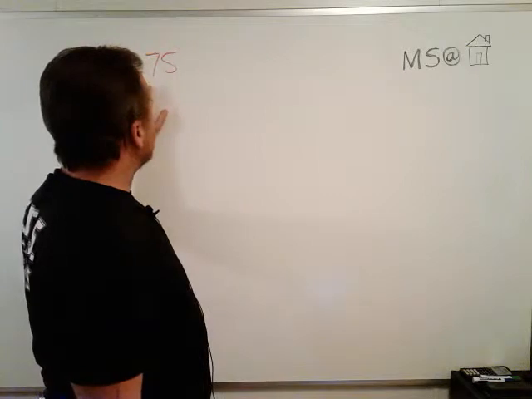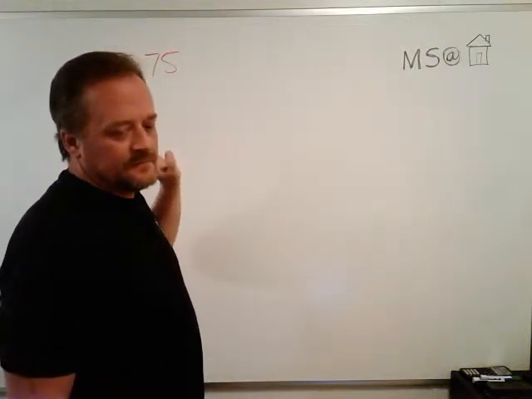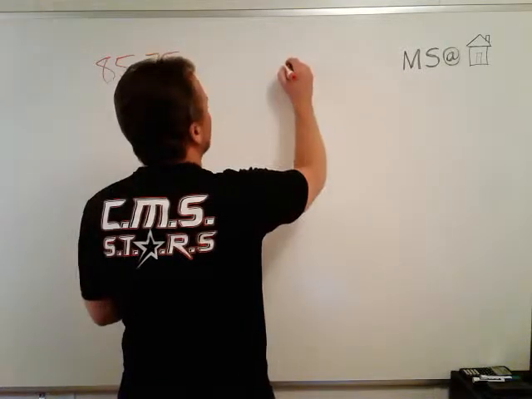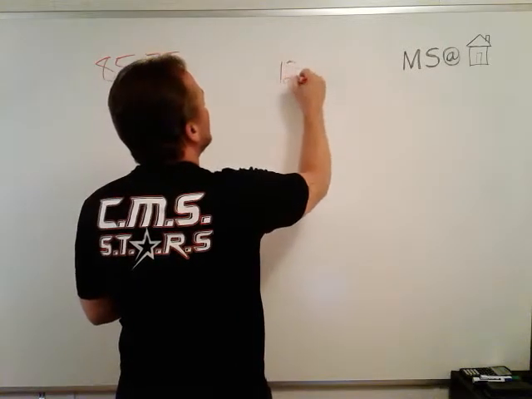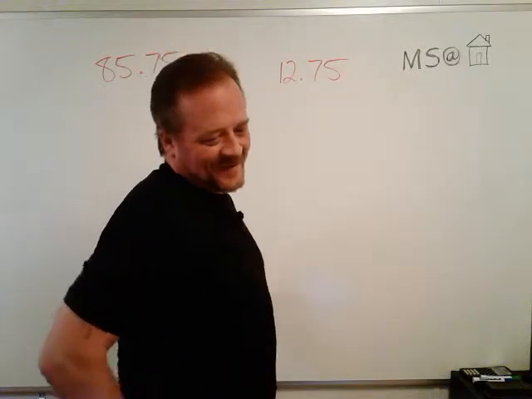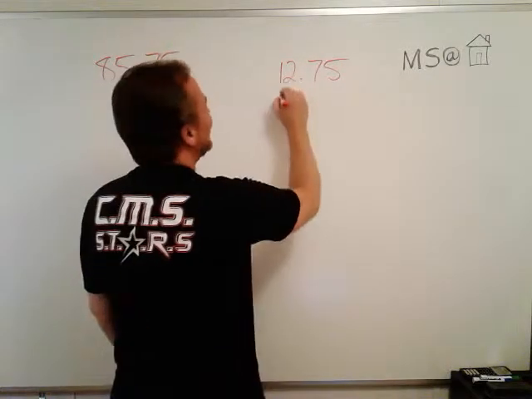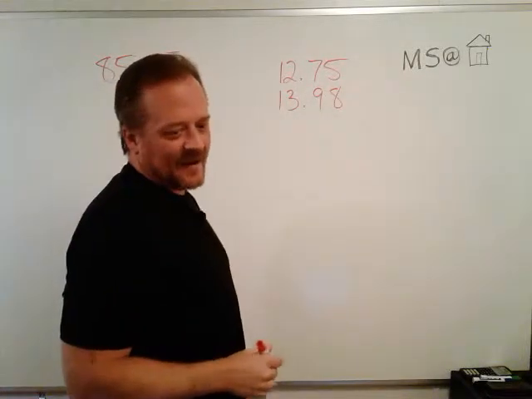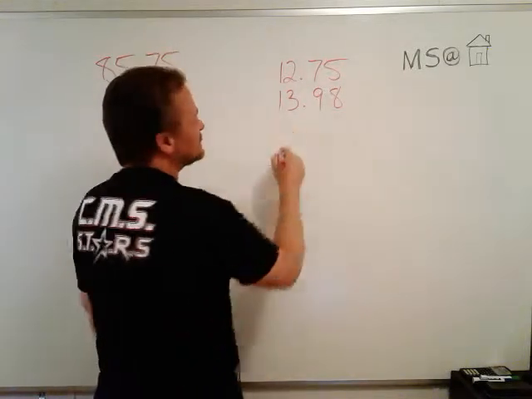So here's what Lorenzo has. Let's list what he spends. So he bought music for $12.75. And then he bought a gift, a nice guy, for $13.98. And then he had to go put gas in his car for $18.23.